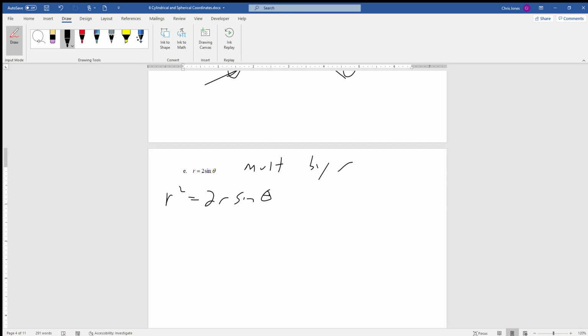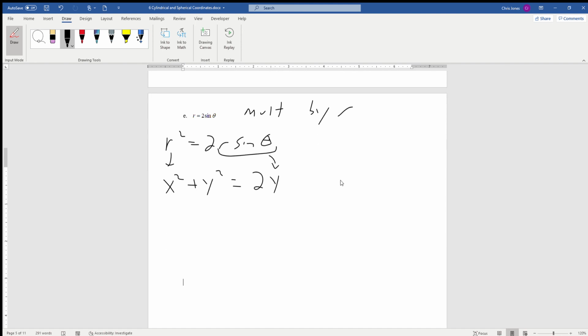We don't want to square both sides because sine squared doesn't have an easy translation from cylindrical into Cartesian, but 2r sine theta does. So r squared, our friend, is x squared plus y squared, and for 2r sine theta, remember r sine theta is y.